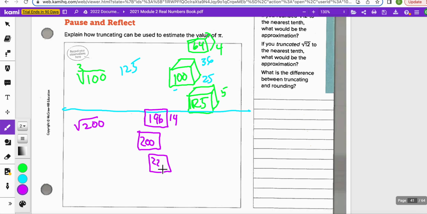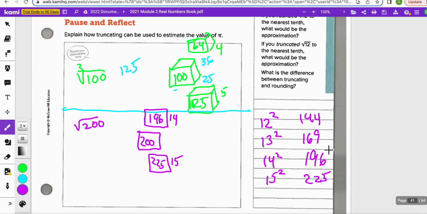and 225, which has a side length of 15. Again, if you don't like the pictures, you could do something out here like 12 squared, 13 squared, 14 squared, 15 squared, well, that's 144, 169, 196, and 225. This is another way you can do it.